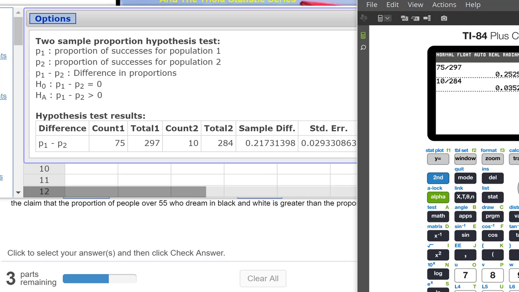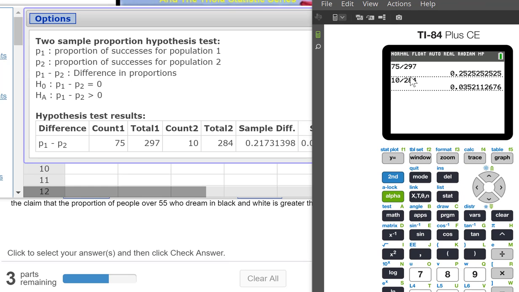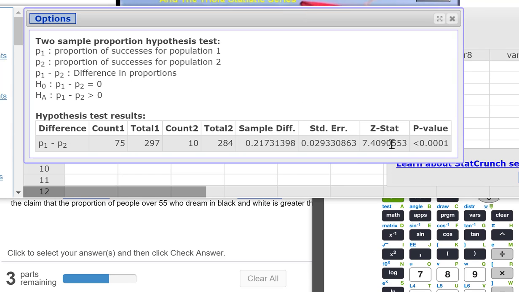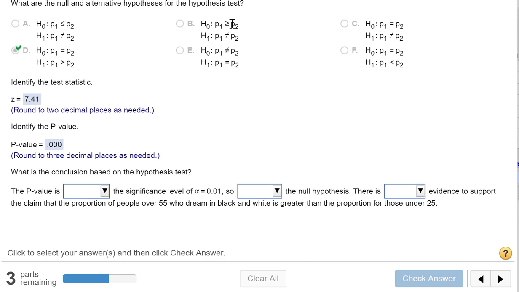Intuitively, it seems this difference is much too large to have happened by chance. So I'm not surprised at all by this large z statistic and a very small p-value. I always go back and look at what we would naturally think before we get technical. Here the p-value is less than the alpha level. When we get a super small p-value, what is the threshold?